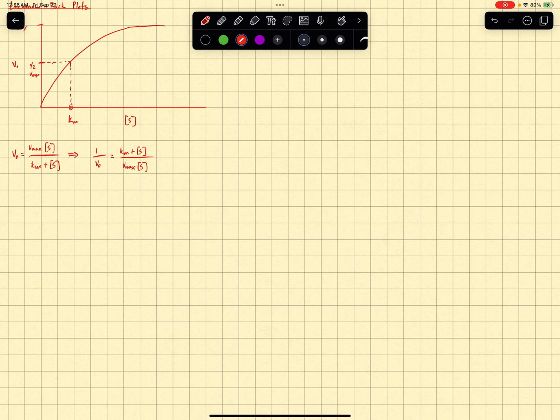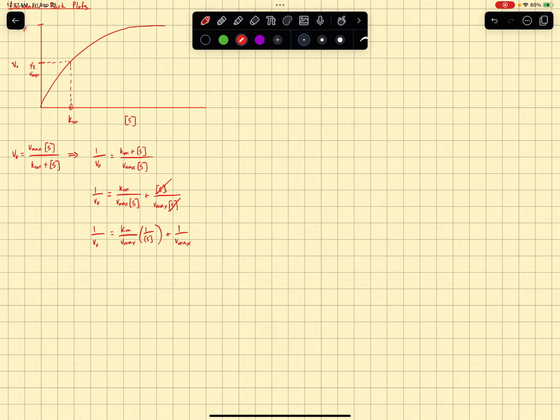Then we can split this up into 1 over V naught equals Km over V max times substrate concentration plus substrate concentration over V max times substrate concentration. That's just how fractions work. So these substrate concentrations will cancel out over here. We're left with 1 over V naught is equal to Km over V max times 1 over the substrate concentration, I just pulled this out of the denominator here, plus 1 over V max.